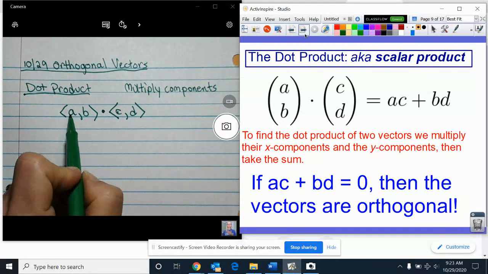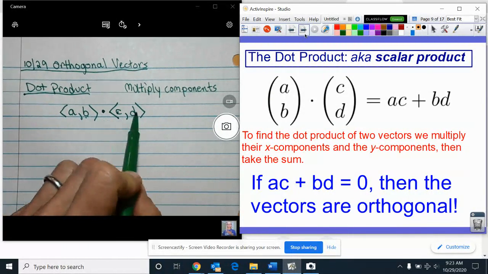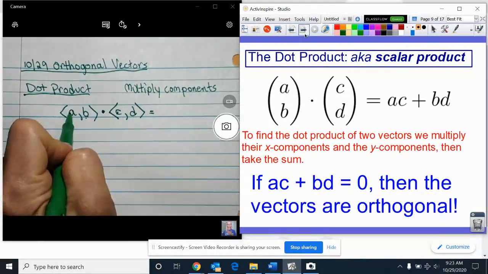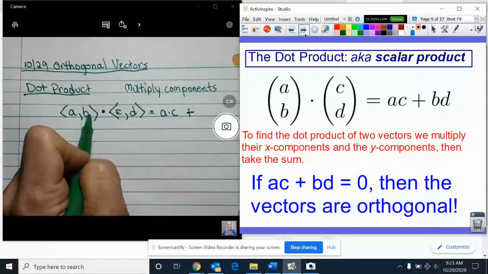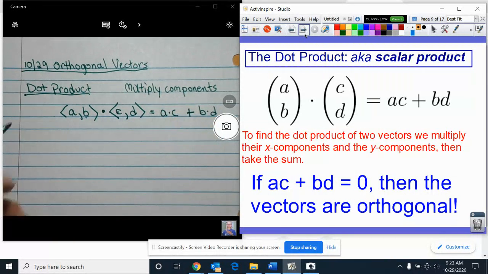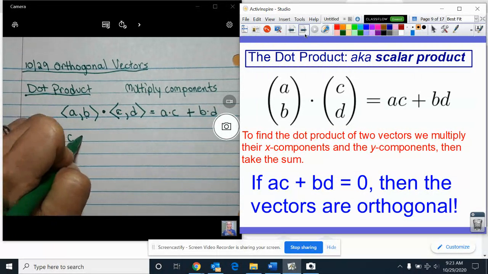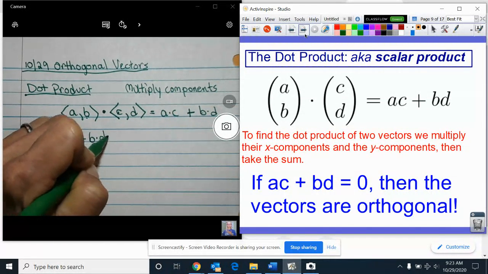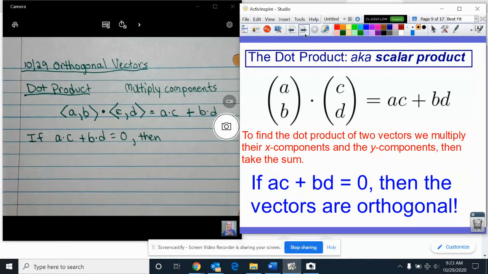So the x component and the y component. And that is the same as a times c. And then we add them together, b times d. And if that a times c plus b times d is 0, then the vectors are perpendicular.